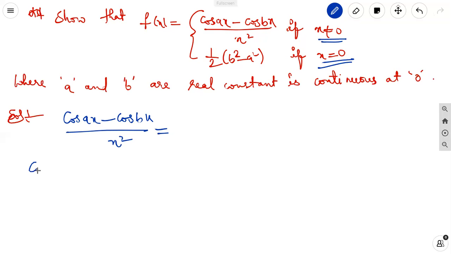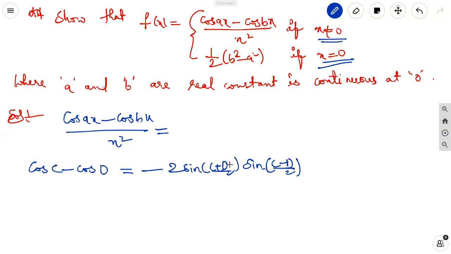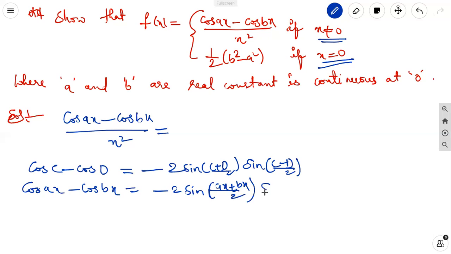We are using the formula cos c minus cos d is equal to minus 2 sin of (c plus d) by 2 into sin of (c minus d) by 2. So here cos ax minus cos bx is equal to minus 2 sin of (ax plus bx) by 2 into sin of (ax minus bx) by 2.